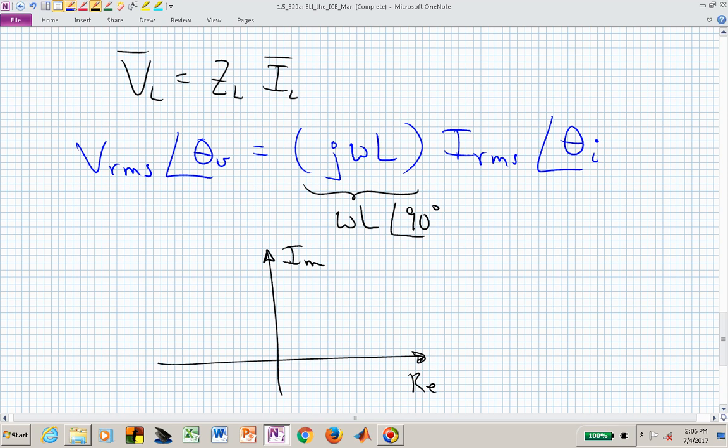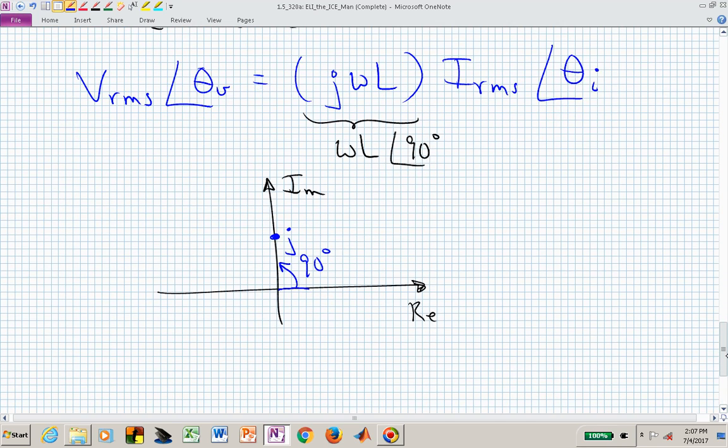And we're now up here at some location, j times omega L. And omega L just tells us the distance we are along that vertical axis. j tells us we're moving in the imaginary direction. Now, if we look at the angle of that particular value that I've indicated with a dot, relative to this positive real line, we can see that the angle of that expression, j omega L, is just 90 degrees.